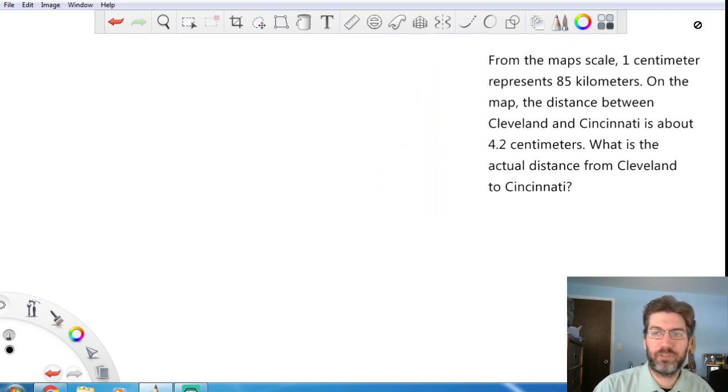So these are the kind of problems that you're going to be seeing on your Google Forms. It might not be a map scale, it might be something different than that. But here, it's done the same way.